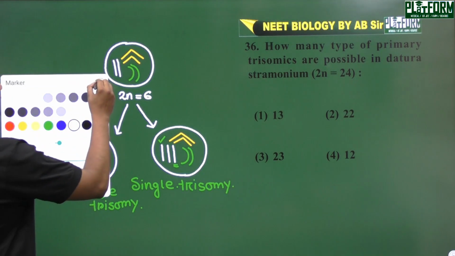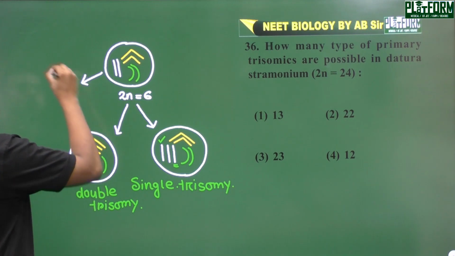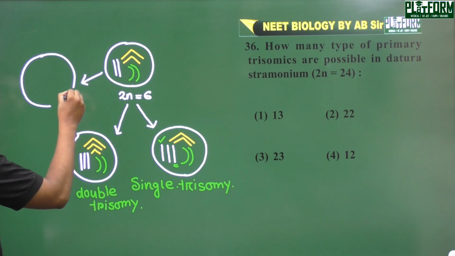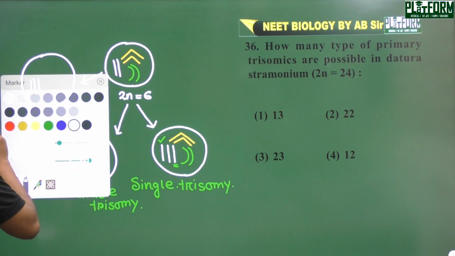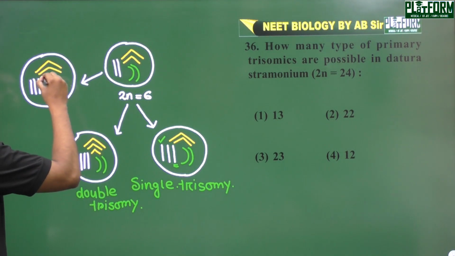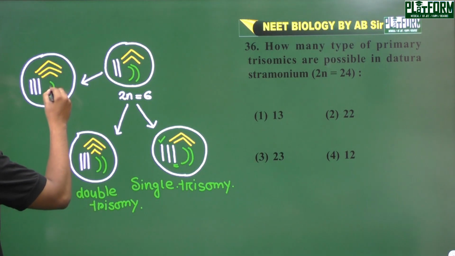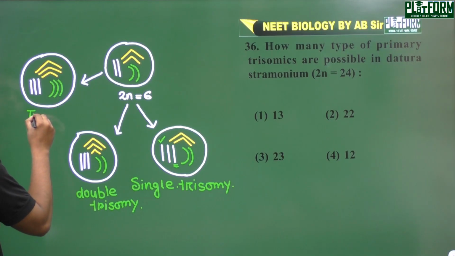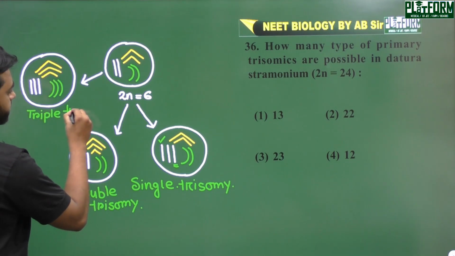Similarly, for this particular condition, triple trisomy is also possible. Like this: 1, 2, 3; 1, 2, 3; and 1, 2, 3. So this one is a triple trisomy.